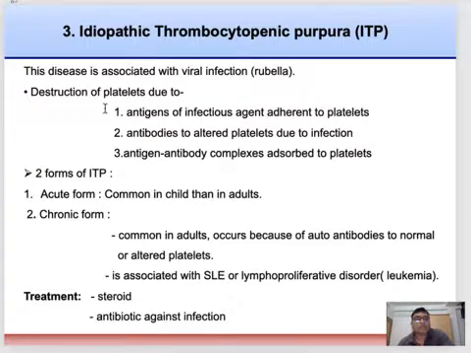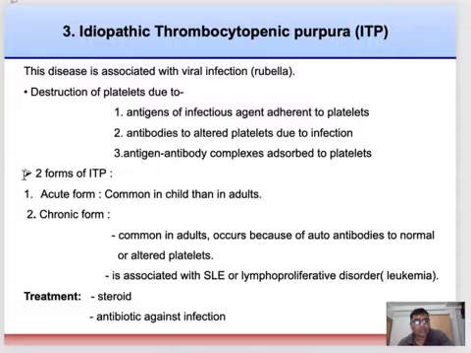The platelets get destroyed because antigens of the infectious agent adhere to platelets, and there are antibodies to altered platelets due to infection, and antigen-antibody complexes adsorbed to platelets. I mean, actually, these are not steps. These are three different mechanisms by which the platelets can be destroyed in idiopathic thrombocytopenic purpura.